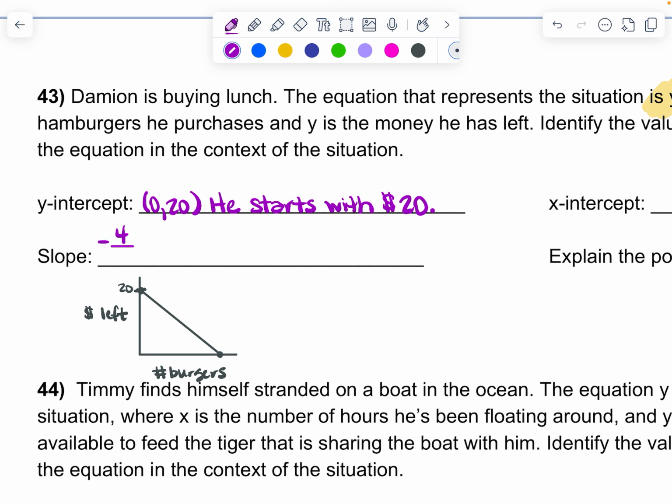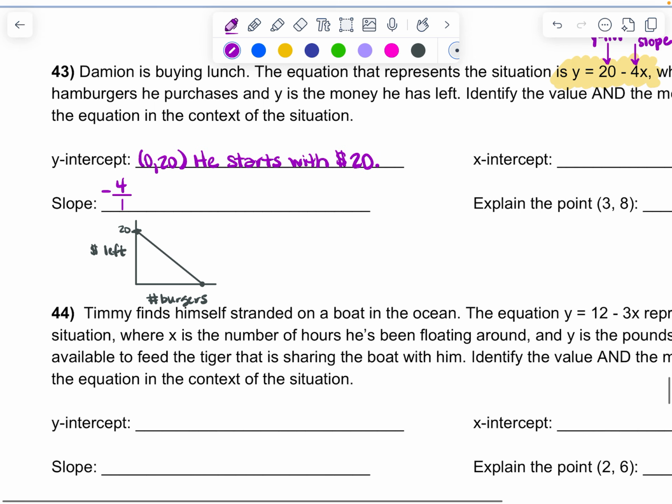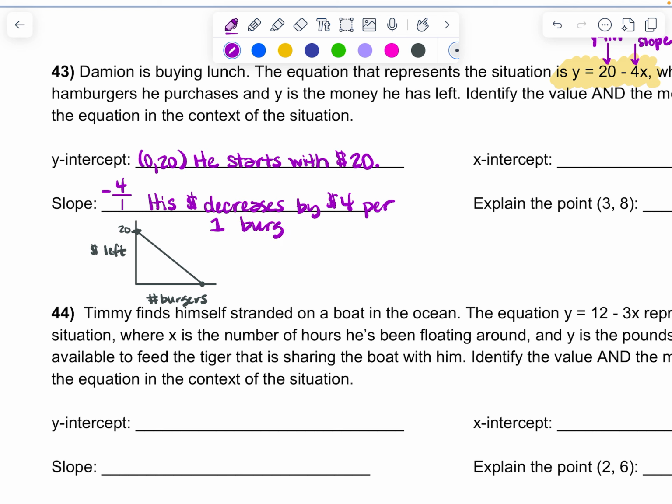And our slope is clearly -4 or -4/1, which is telling us that his money, I'm just going to write a dollar sign, decreases by $4 per one burger.